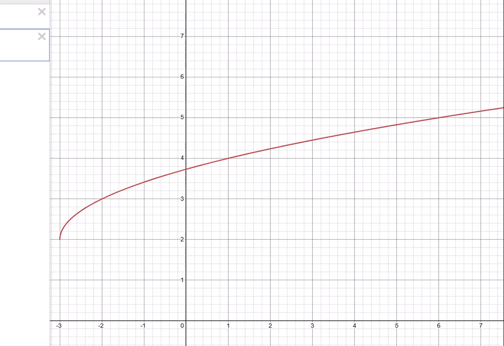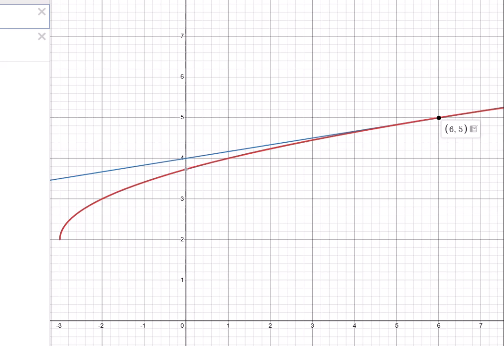So here's Desmos. Here's our point (6, 5) right there. Here comes the tangent line. Notice it's touching at that one point, (6, 5). And also notice the slope of this thing.